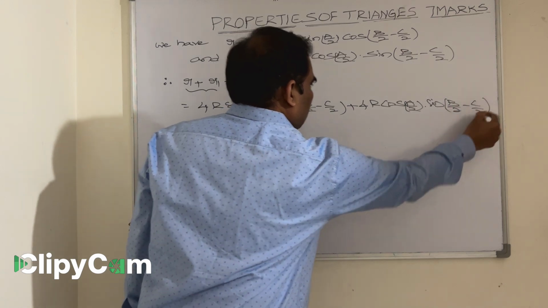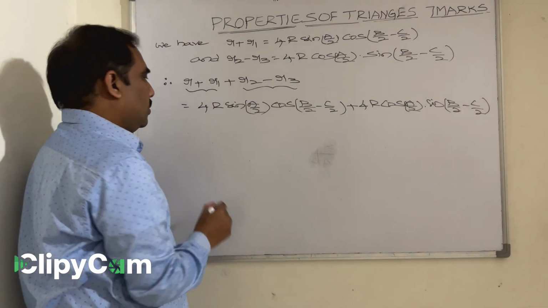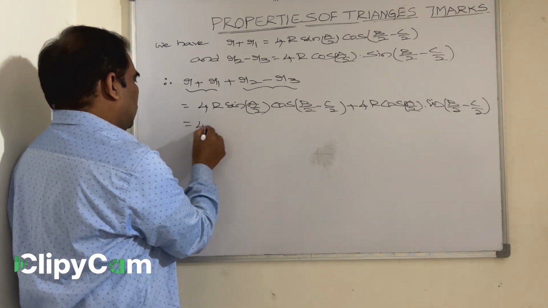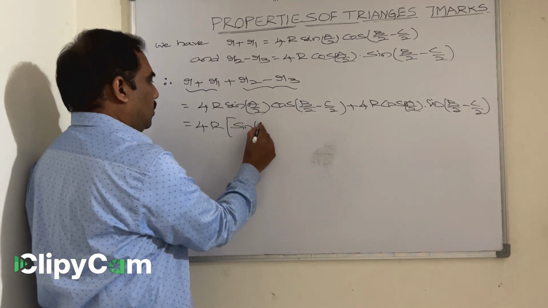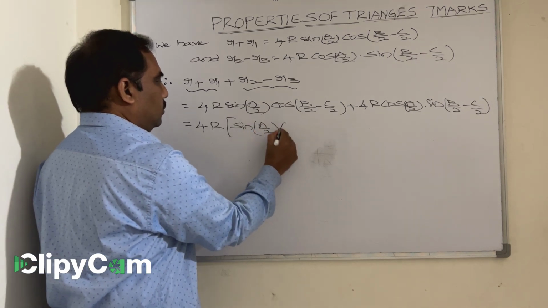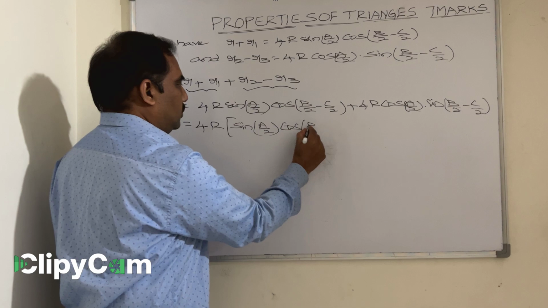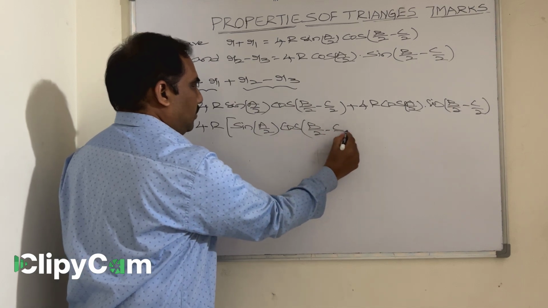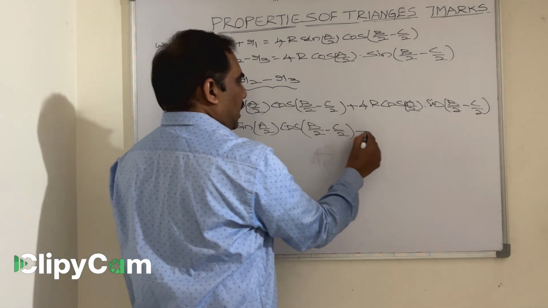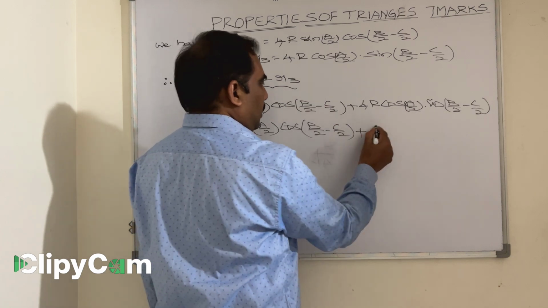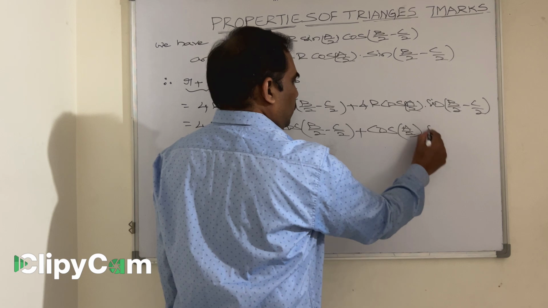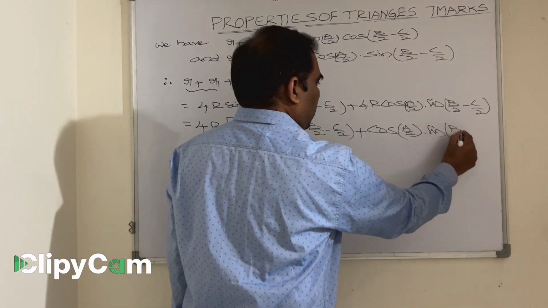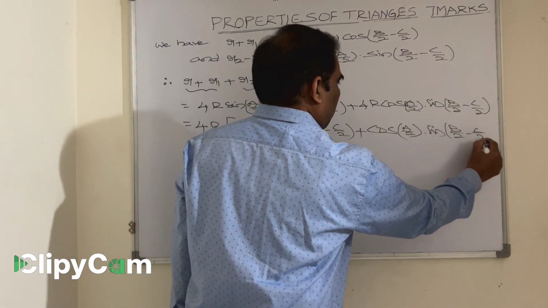In both the terms, 4R is common. So taking 4R common, we get sin of A by 2 into cos of B by 2 minus C by 2, and plus cos of A by 2 into sin of B by 2 minus C by 2.